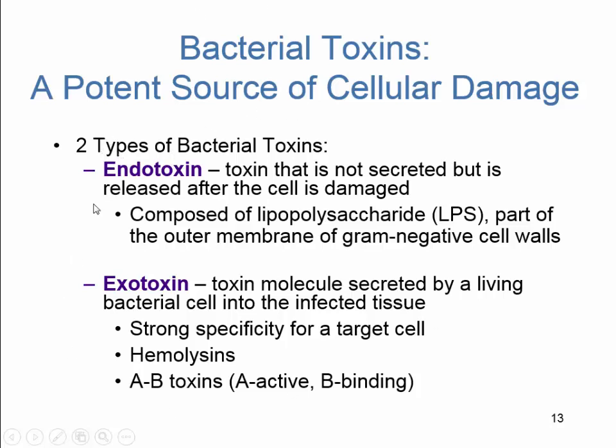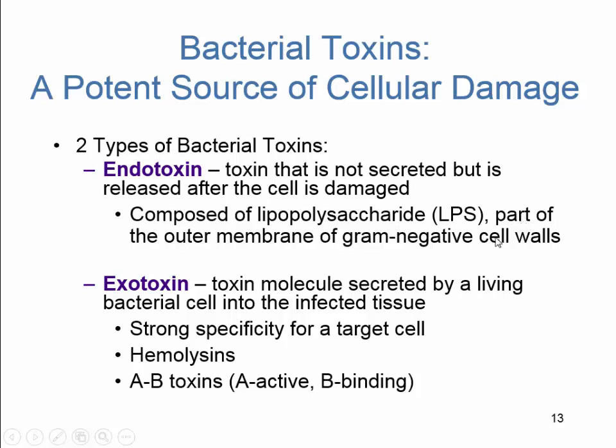There's an endotoxin and an exotoxin. Endotoxins are only released after the bacterial cell is damaged. It is a toxin that is a normal component of the microbial surface. In the case of gram-negative bacteria, that endotoxin is lipopolysaccharide, and it's a part of the gram-negative cell wall.